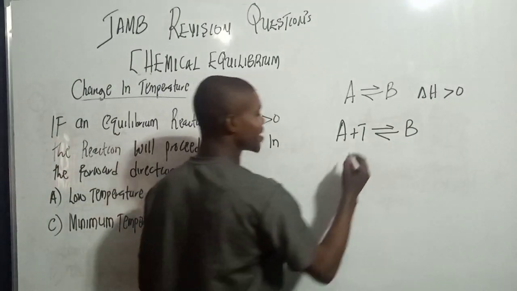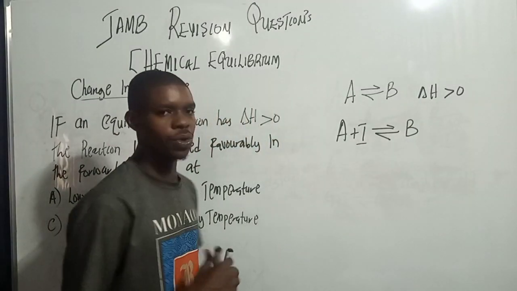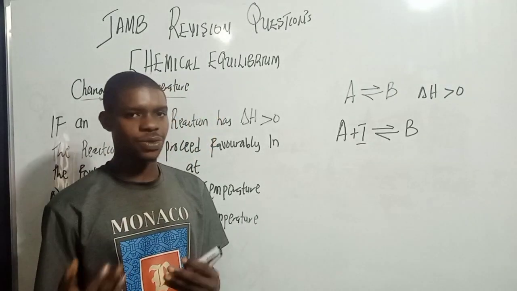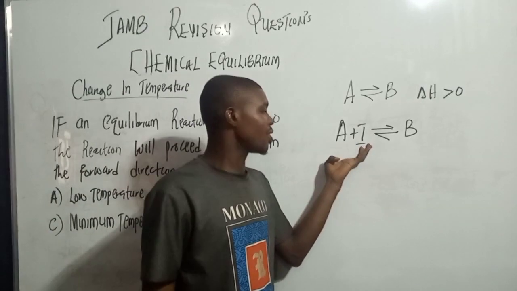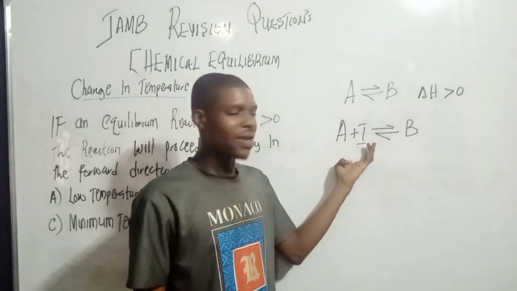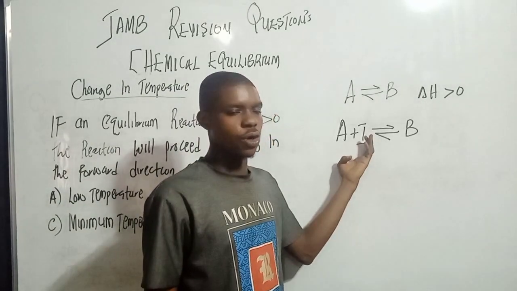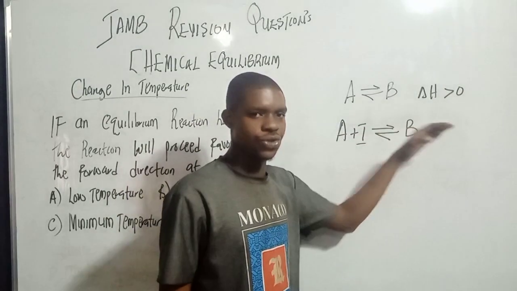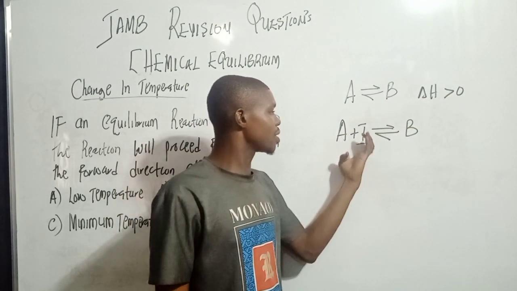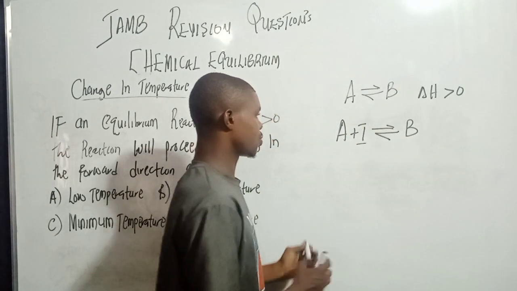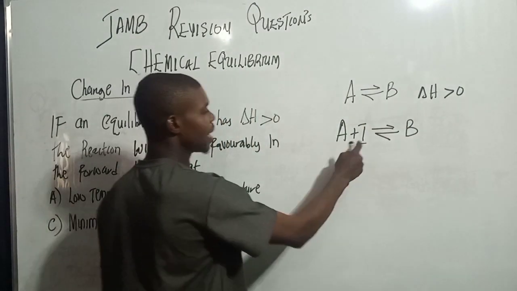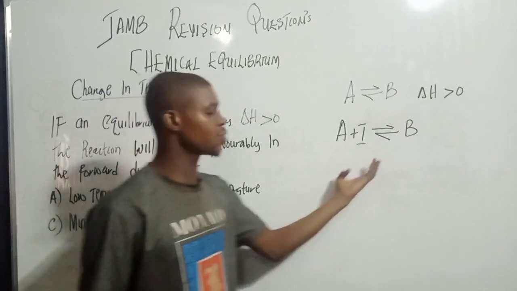Are you going to decrease temperature or increase temperature? That is what they're asking. Because temperature is treated as a reactant, an increase in temperature will favor the forward reaction. So the only way this reaction can favor the forward reaction is when you increase temperature.